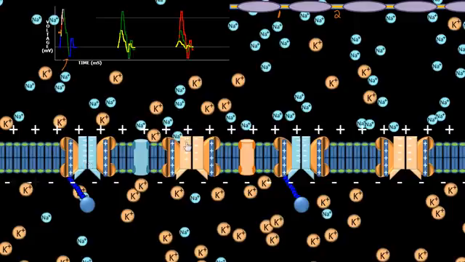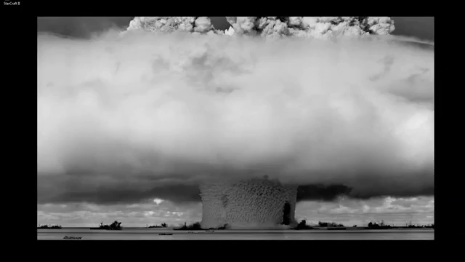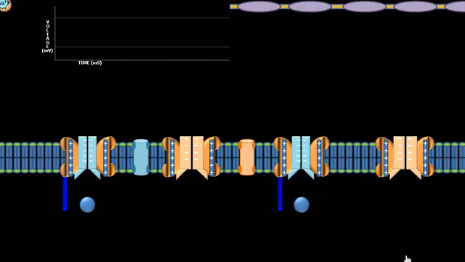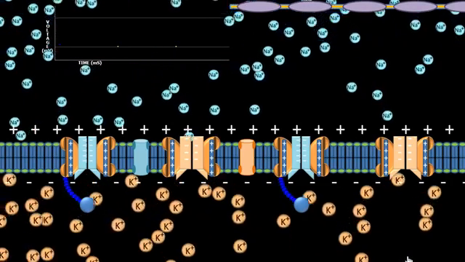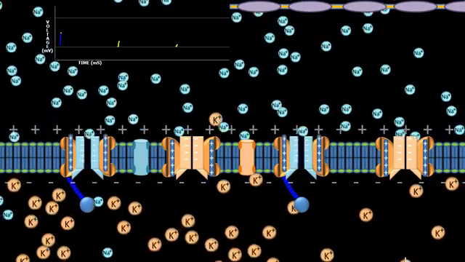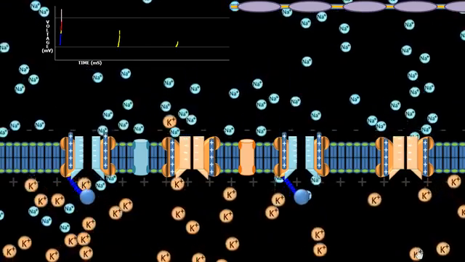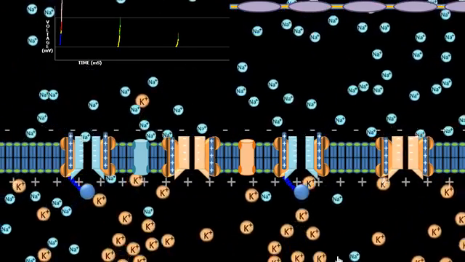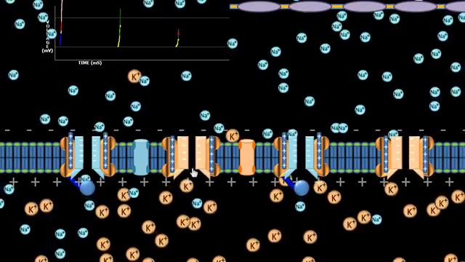But when the potassium channel is open, why can't sodium go through it? So again, if we watched it one more time, we run it. There we go. So now we have our potassium channel opening.